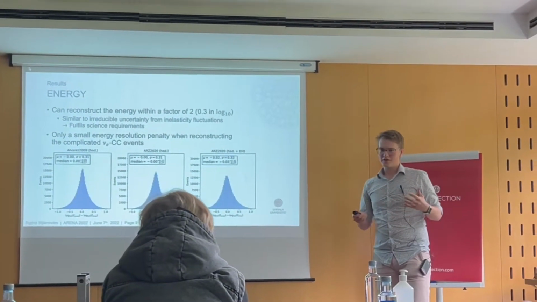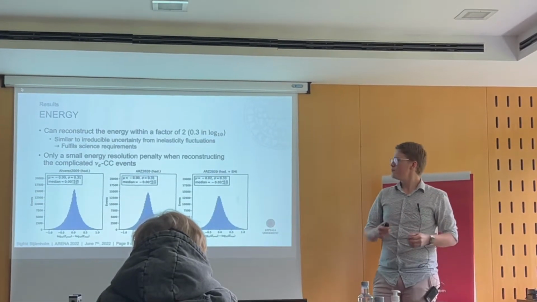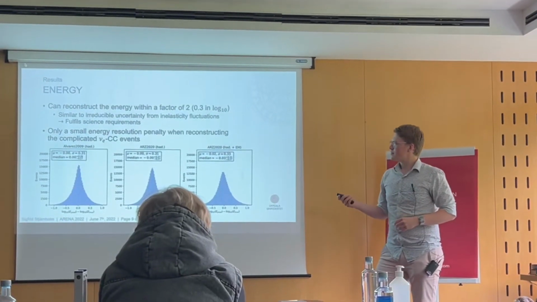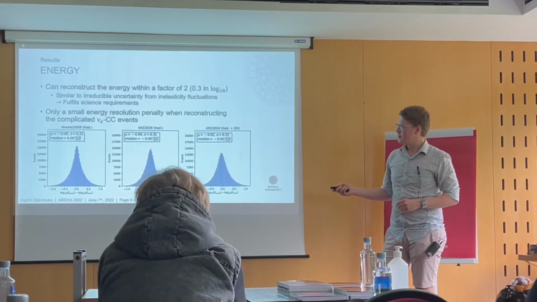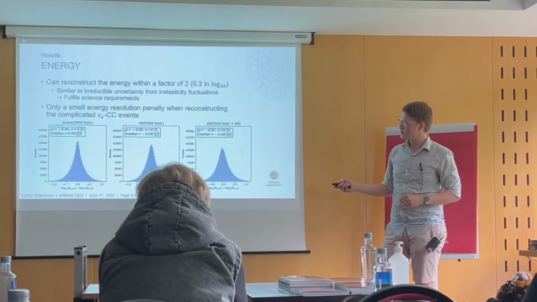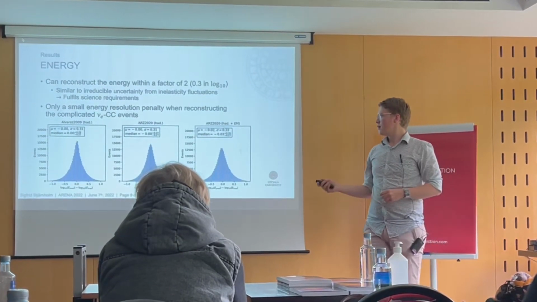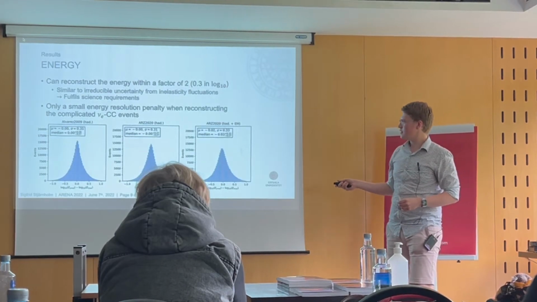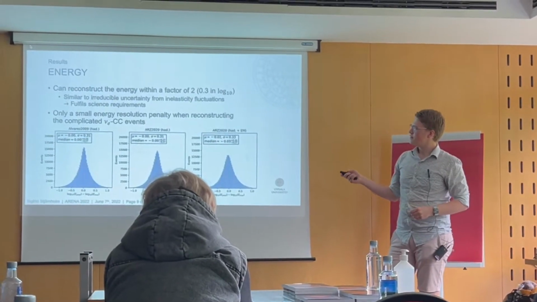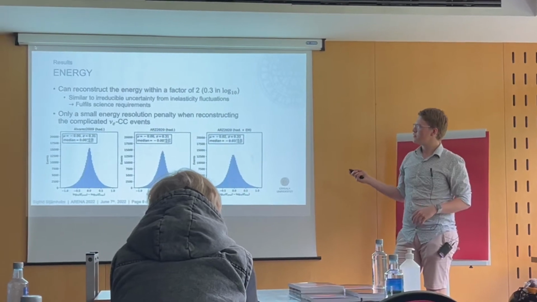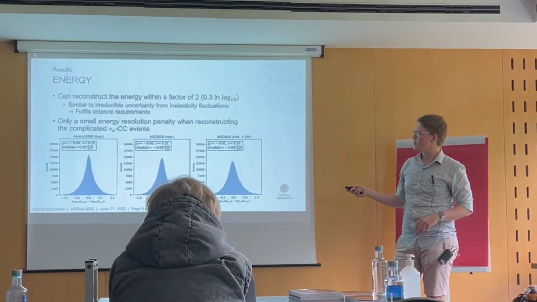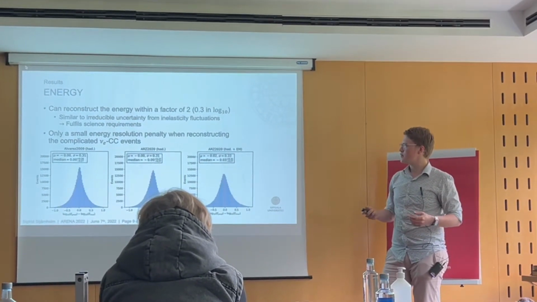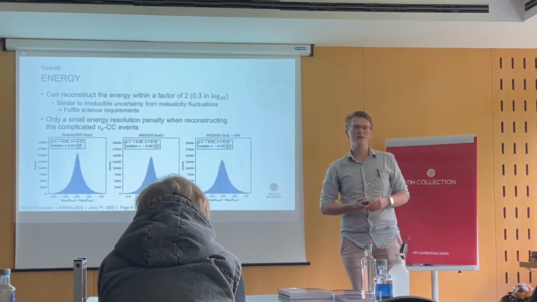So then we can also look at the results for energy. What we see in these plots are the logarithmic energy differences between the true and predicted energy, for the 3 different data sets again. We can reconstruct the energy within a factor of 0.3 roughly in log10 space, so this is a factor of 2 in linear space.